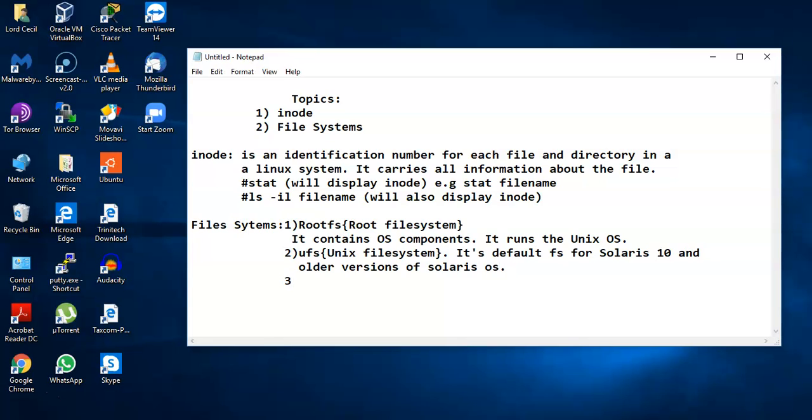Third one is ZFS. ZFS means zettabyte file system. It's also used as a volume manager.